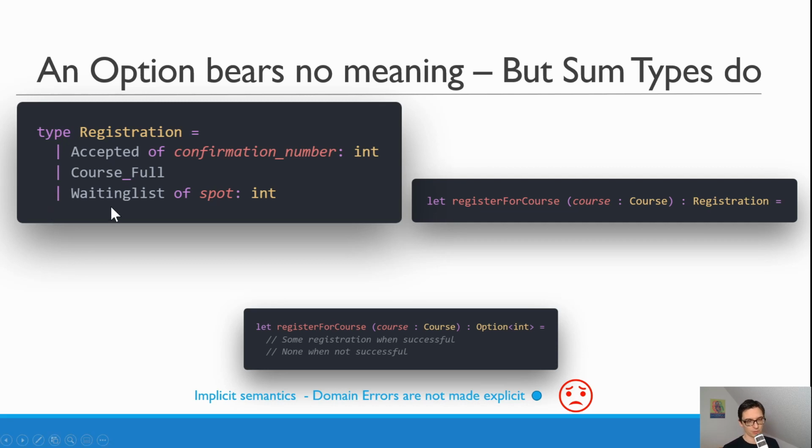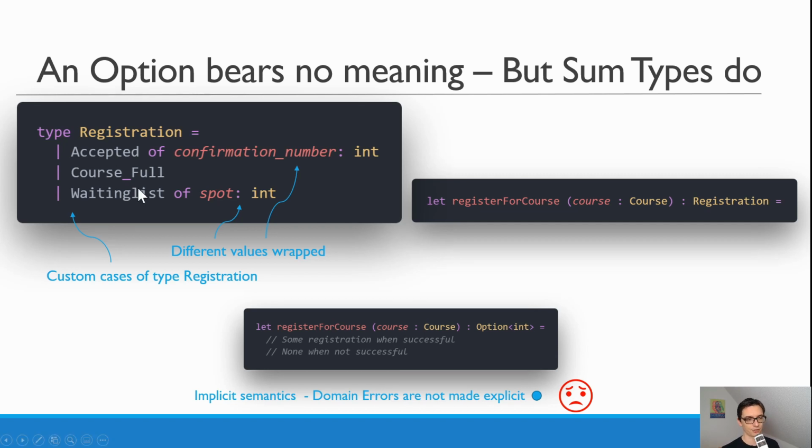And the third possibility in our case is that we are in a waiting list and we are on spot number 10, for example. So this is a nice new case where we have 3 different custom cases defined by ourselves, similar to sum or none. And we can actually wrap different values in there.